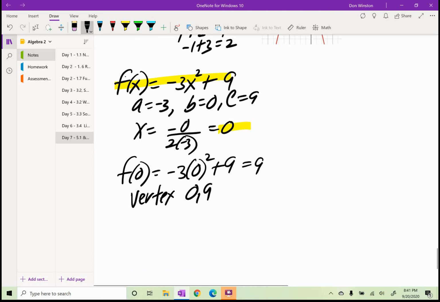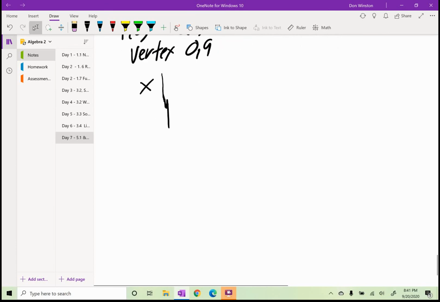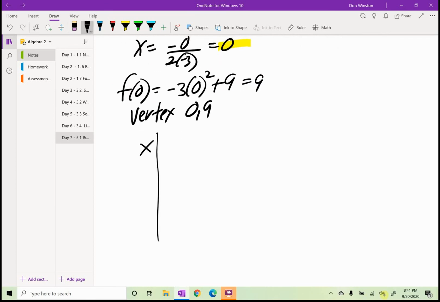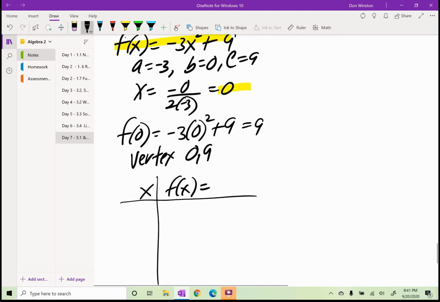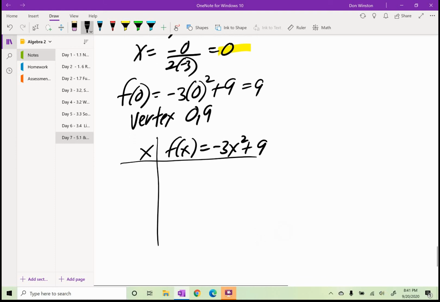And that's where I will start. So here's x, and my equation is f of x is equal to negative 3x squared plus 9. So I'd start at my vertex, which is 0, 9.